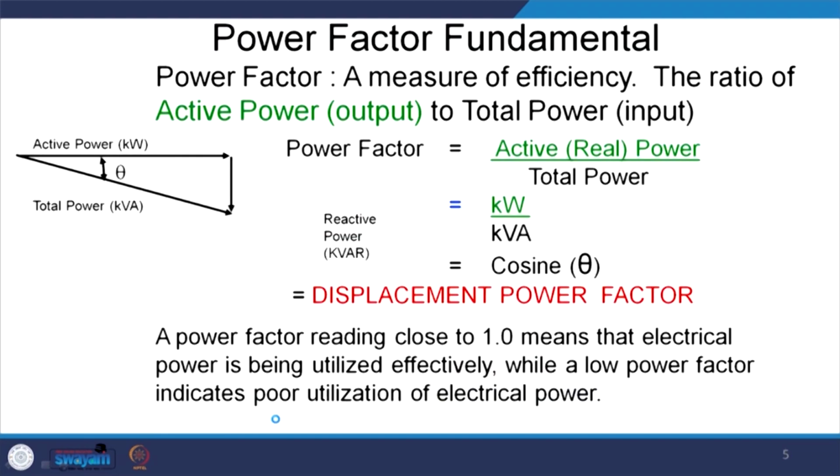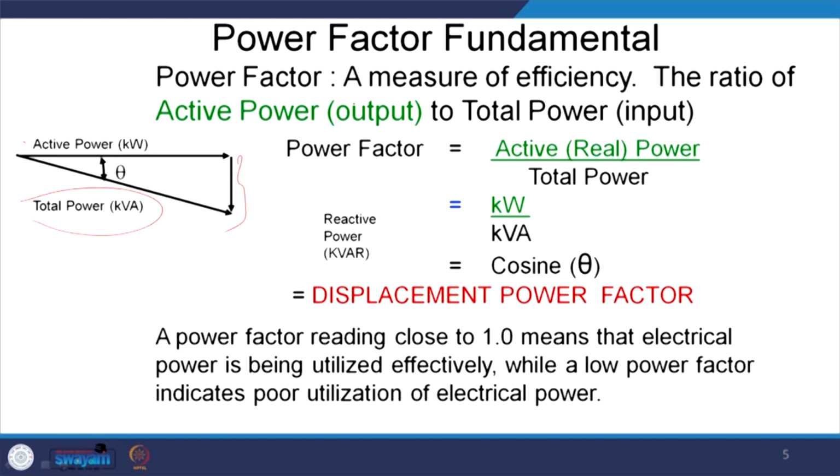So, you know that this is the active power in kilowatts, and this is the reactive power, and ultimately you will be charged based on the kVA, not the active power. Thus, if you reduce this hypotenuse, this perpendicular, ultimately you will be paid only for active power. So, it makes sense to reduce this component.